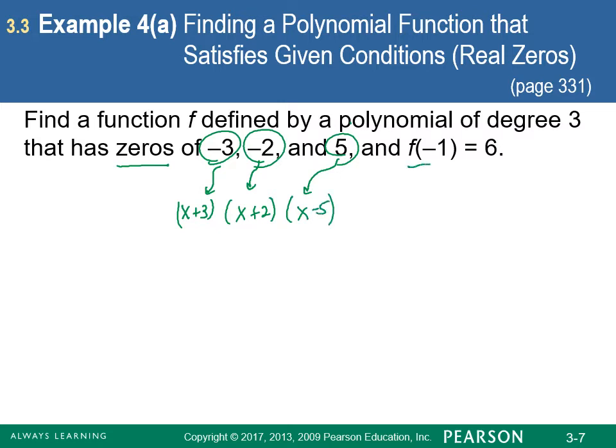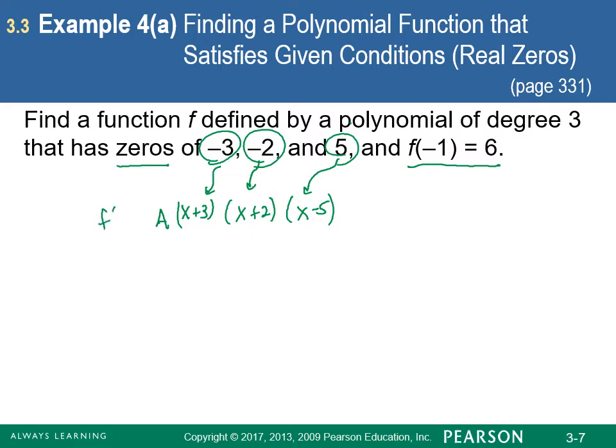The other information that we have is that if we substitute a negative 1 into our function, we're going to get an answer of 6. So, in addition to all of these factors, we could have a number out front. I'll use an A to represent that.